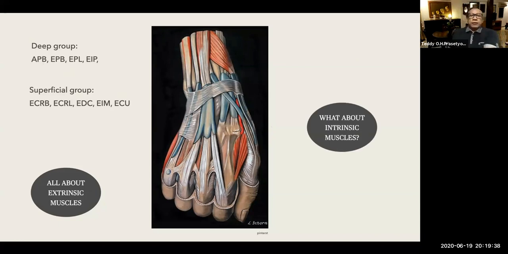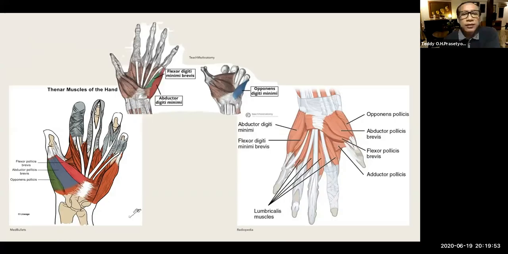So what about the intrinsic muscles? It's very important also to consider the intrinsic muscles in discussing the musculotendinous system of the hand, which works in harmony between the flexor and also the extensor.